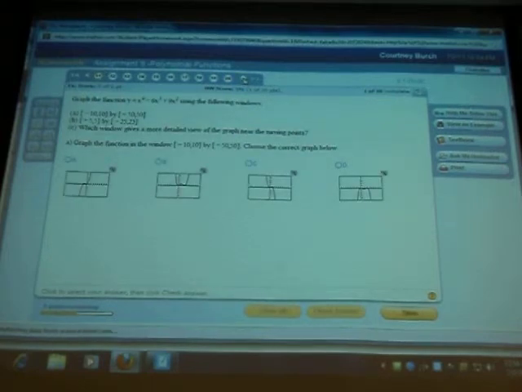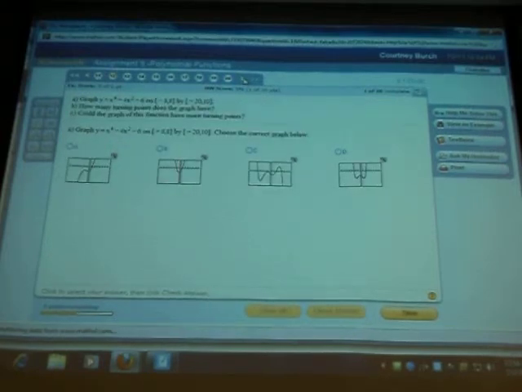So let's look at number 12 here. Now 2 of these I can rule out right away. Why can I rule out 2 of these right away? My equation is x to the 4th minus 4x squared minus 6. This is not negative x.